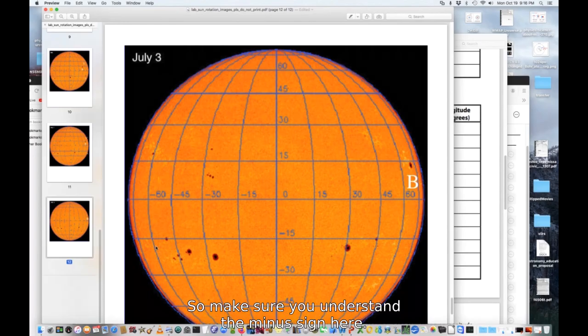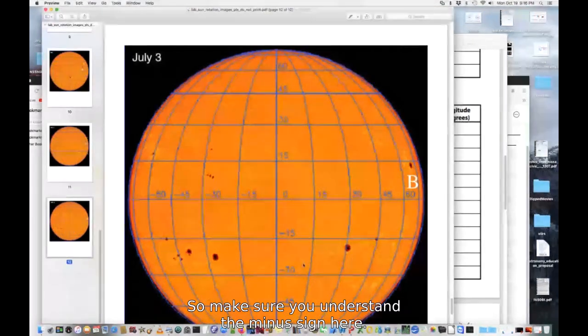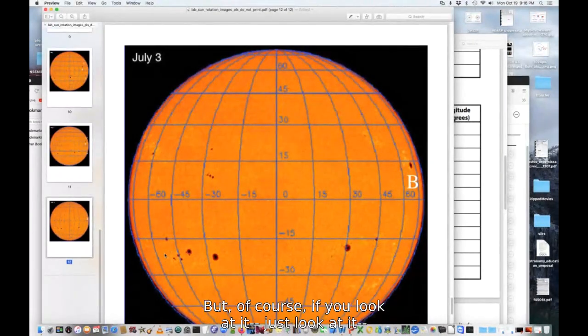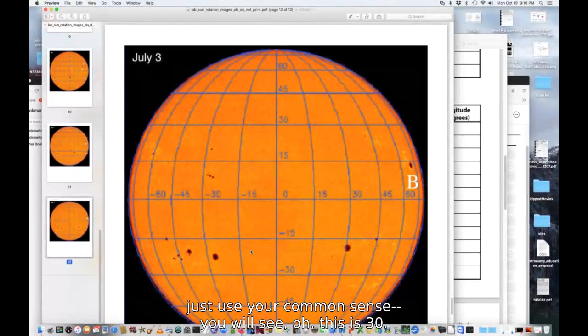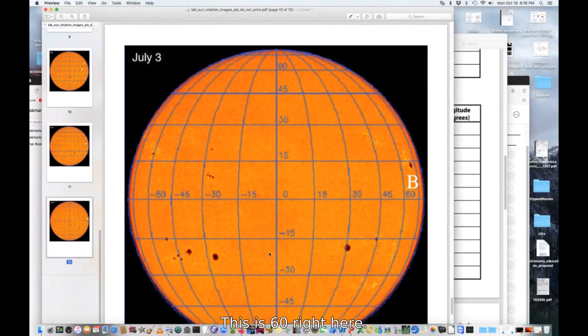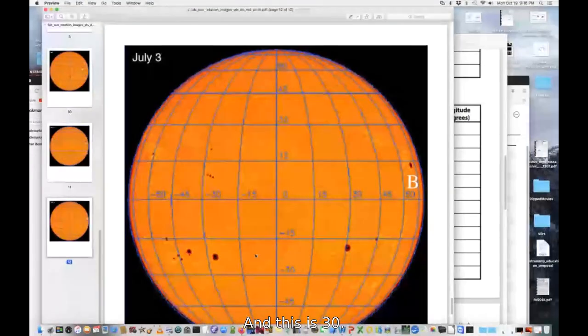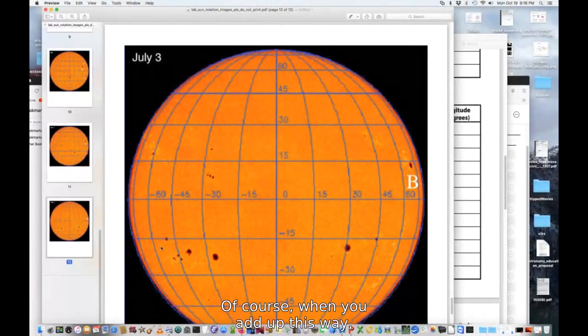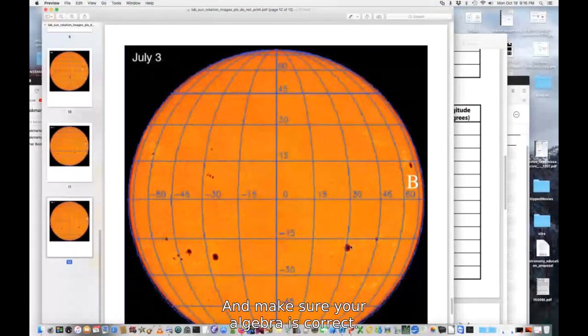Okay, so make sure you understand the minus sign here. But of course, if you just look at it, just use your common sense, you will see, oh, this is 30. And this is 60 right here. And this is 30. Of course, when you add up this way, when you look at it geometrically, then obviously it's 90, okay? And so if you're not sure, visualize and make sure your algebra is correct.